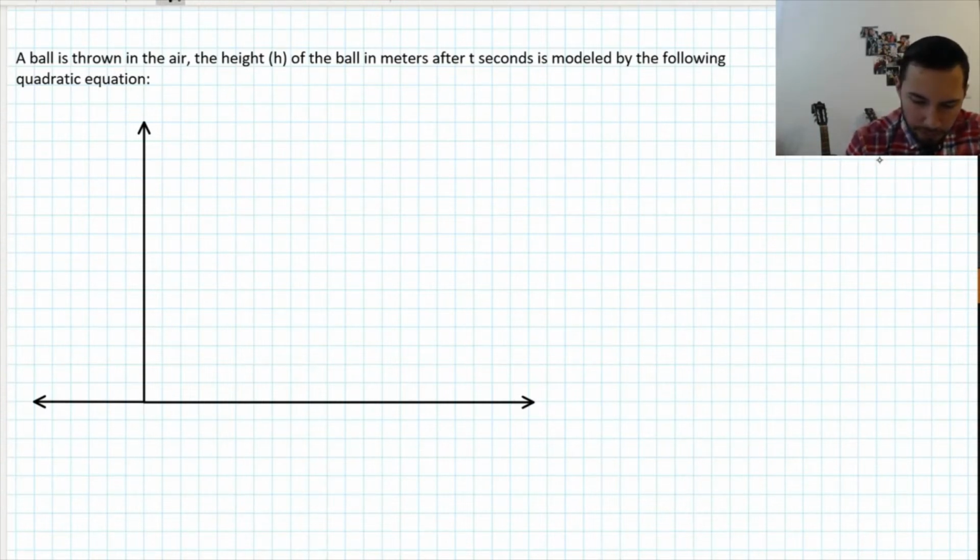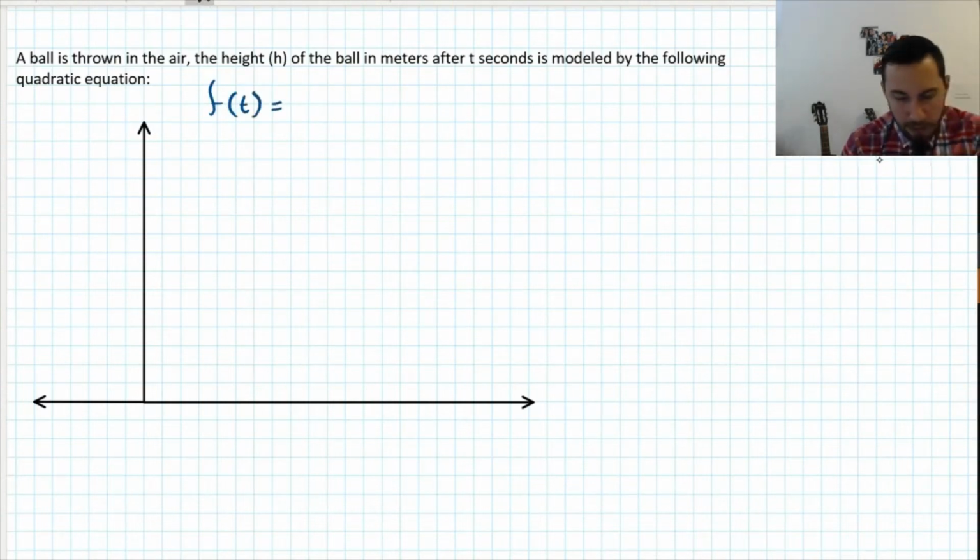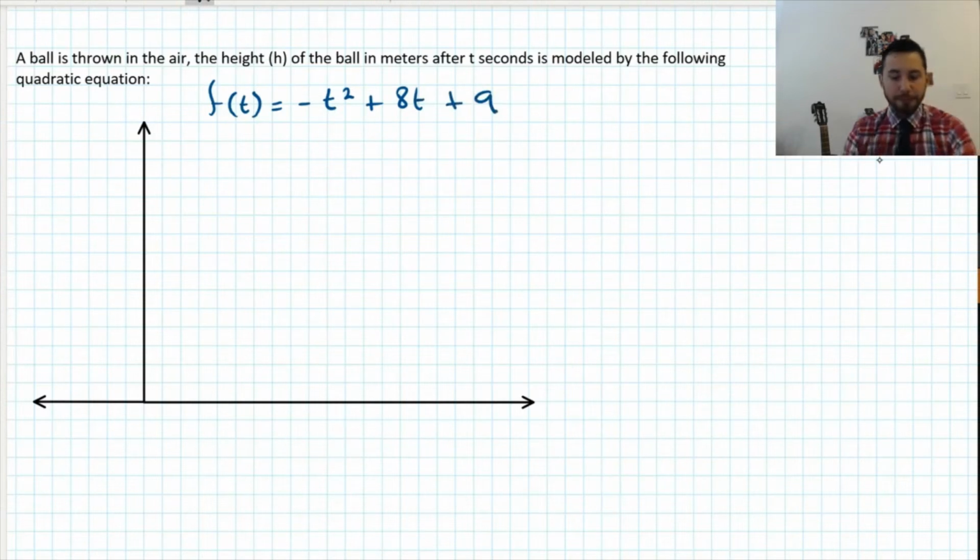f of t is equal to negative t squared plus 8t plus 9.